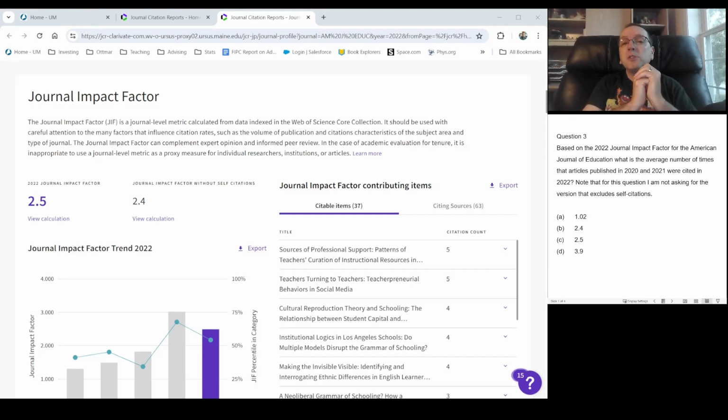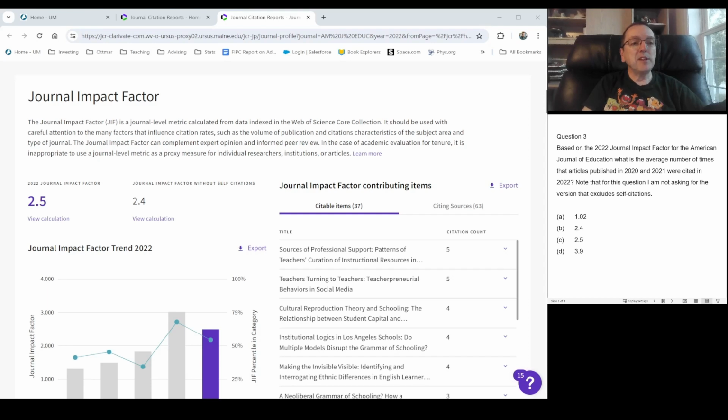It looks at articles that were published in this journal in 2020 and 2021, all the articles they published. And of those articles, how many times were they cited? How often did they show up being cited in new research published in 2022?